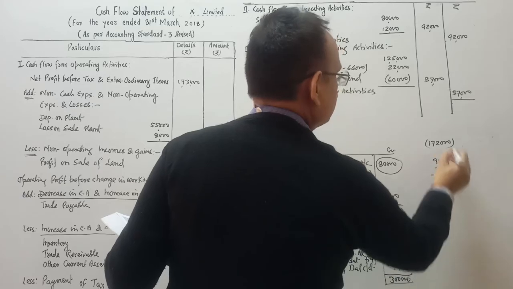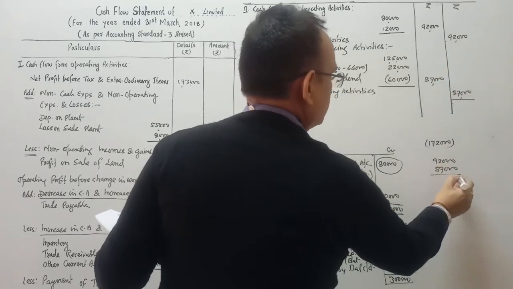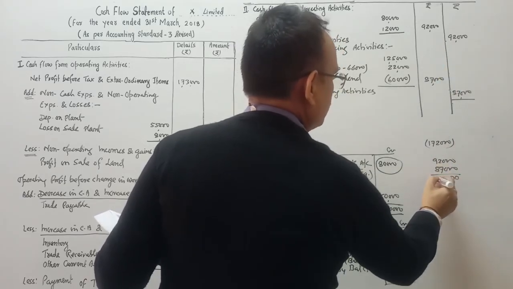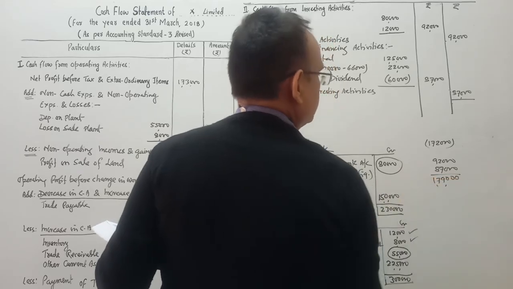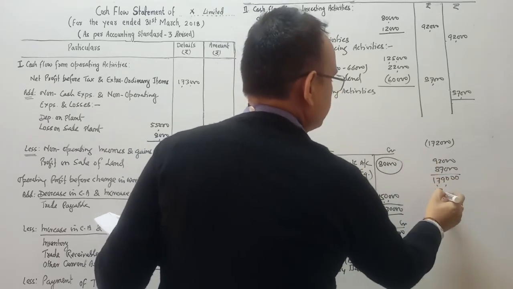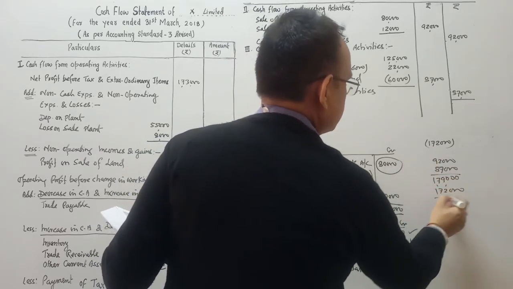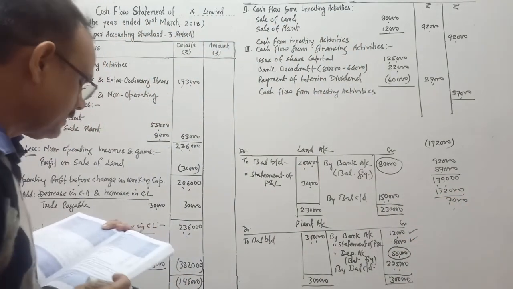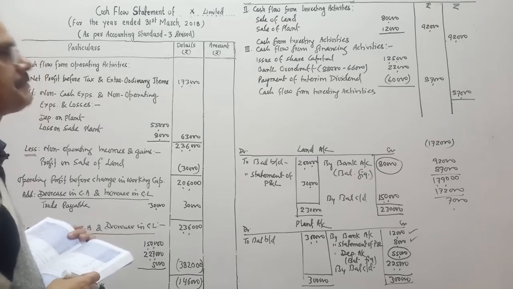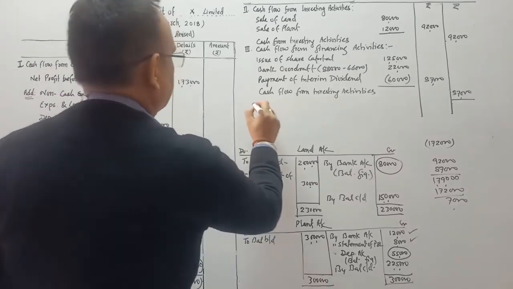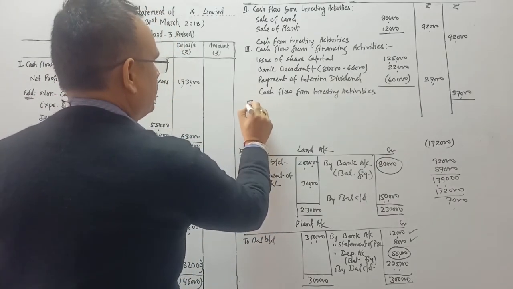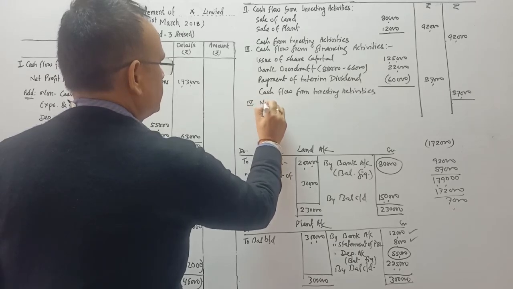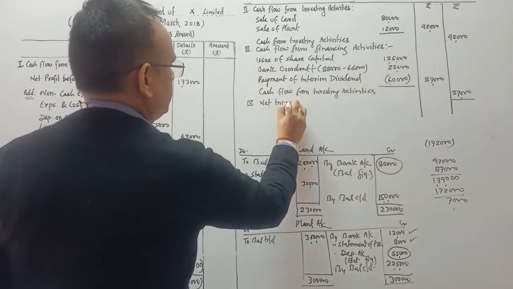So two are in plus, inflow. So total is 1,79,000 minus 1,72,000. So it is 7,000. It's a difference indicating 7,000. It's a plus figure.